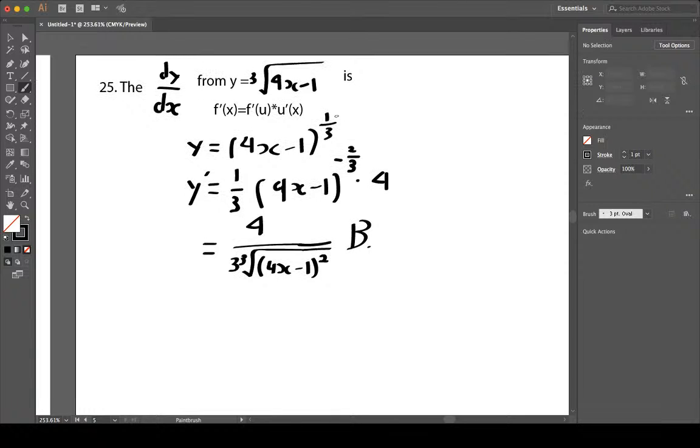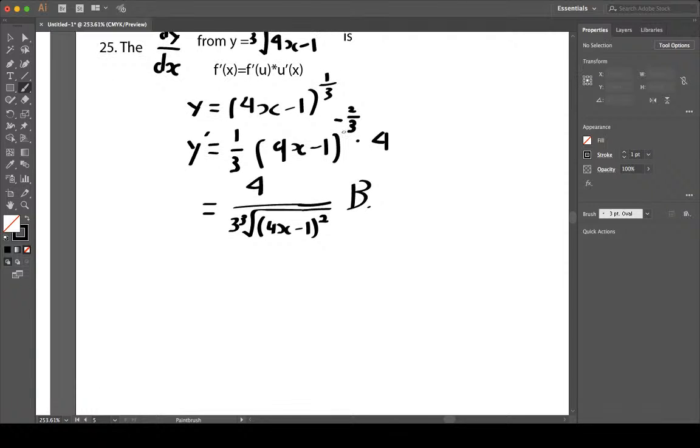But sometimes you need to also learn this. So let's do number 26, because number 26 is pretty similar.